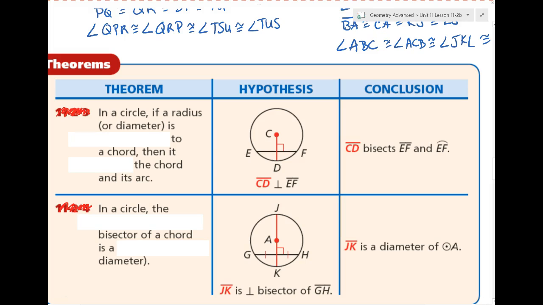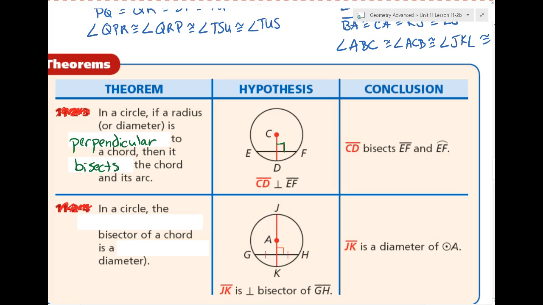But this is kind of a cool thing. And the reason why we say radius or diameter, you'll see in a second, but here's the first theorem. It says, in a circle, if a radius or diameter is perpendicular to a chord, so if I form a right angle to the chord, then it bisects the chord and its arc.